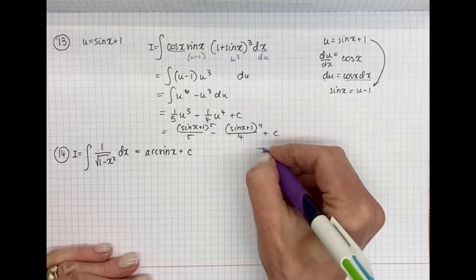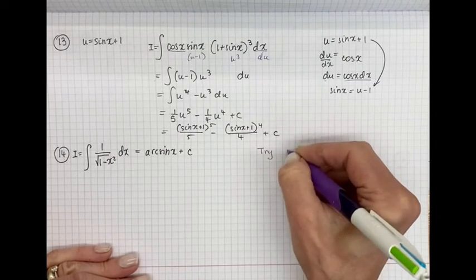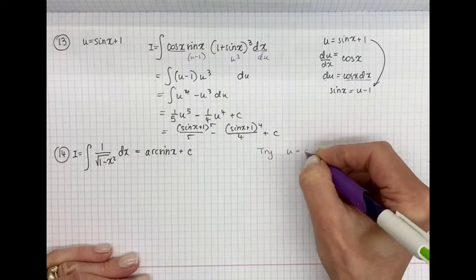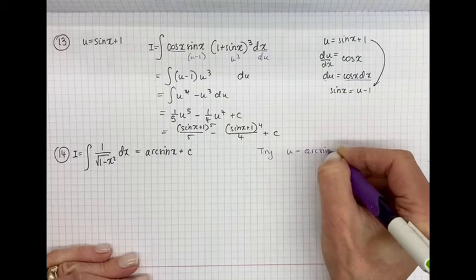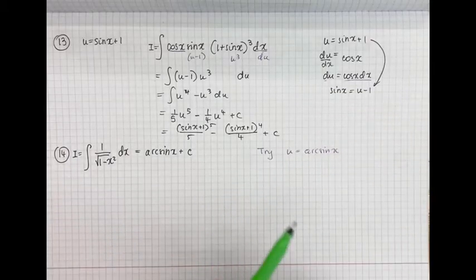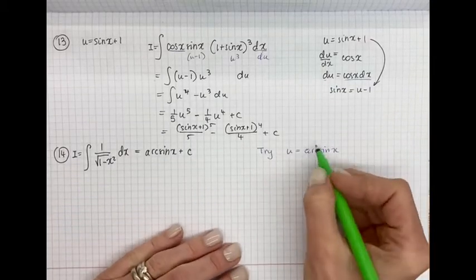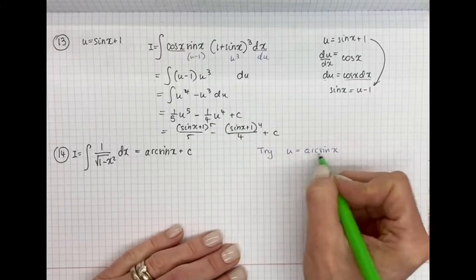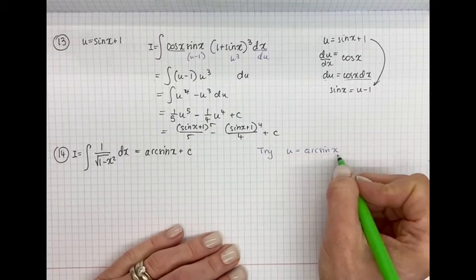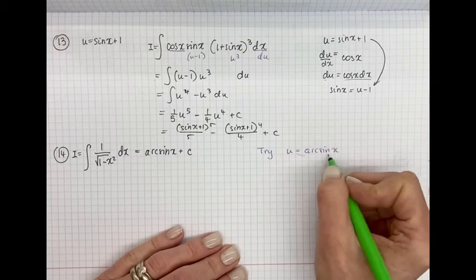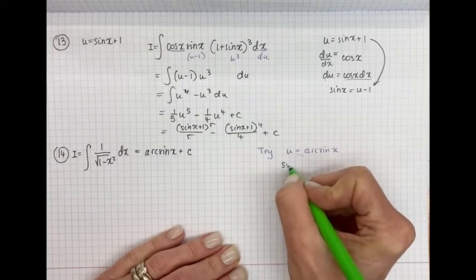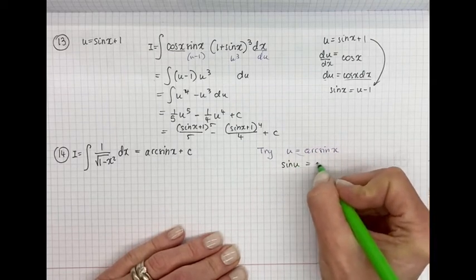So you're going to try and use the substitution u equals arc sine x. So we need to differentiate this function. What is arc sine? Well, that's sine inverse. Before you apply the inverse, you must have had sine u is equal to x.